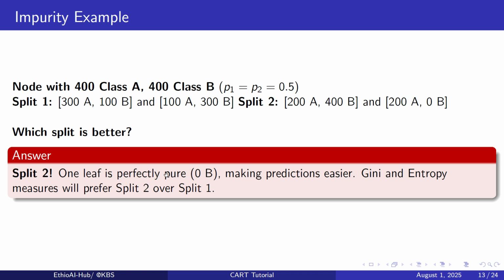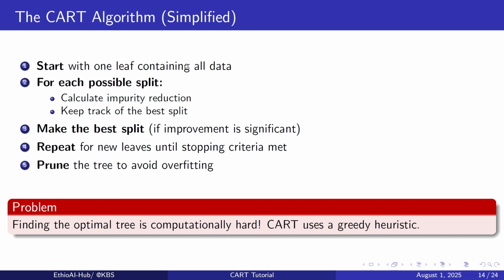Yeah, so splitting happens in every node. It's important to keep in mind that at every node it chooses the best variable to split on as well. The CART algorithm is the default algorithm in sklearn.